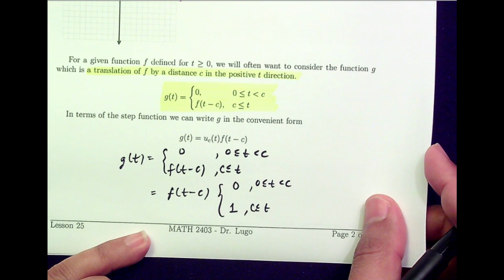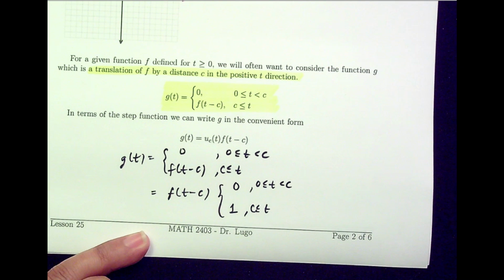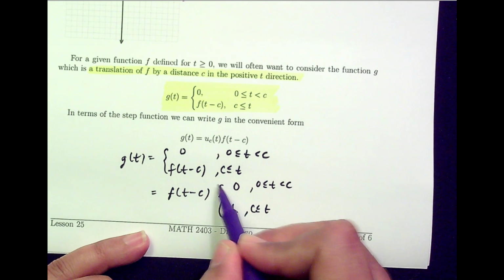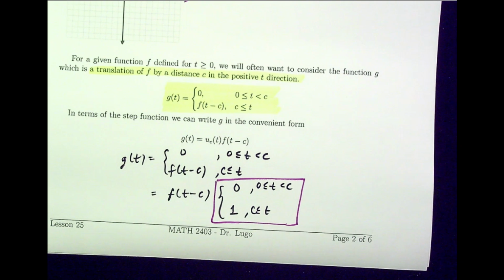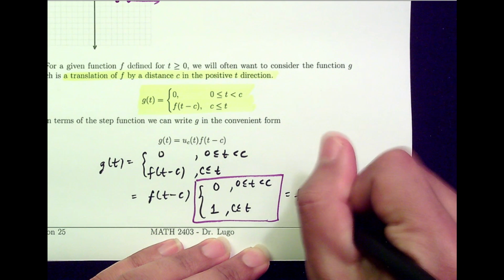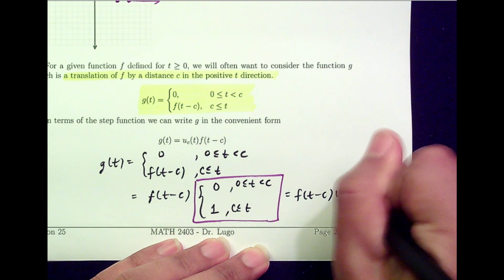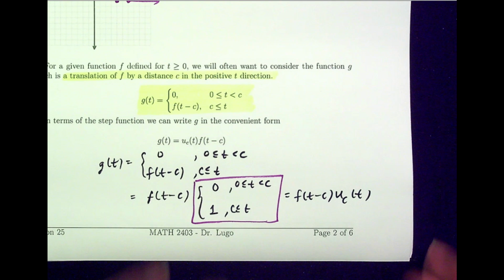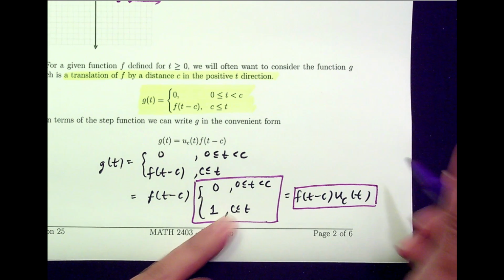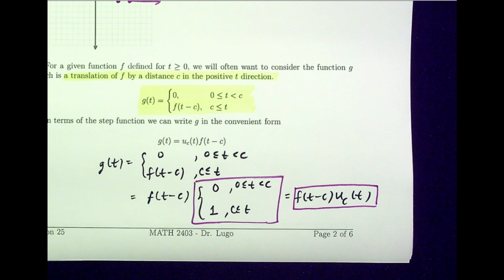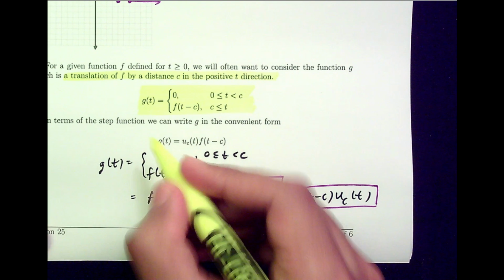Okay, now this right here, that is the Heaviside function at c. So you see that this is then equal to f of t minus c times uc of t, which is precisely this right here. Okay, same thing.